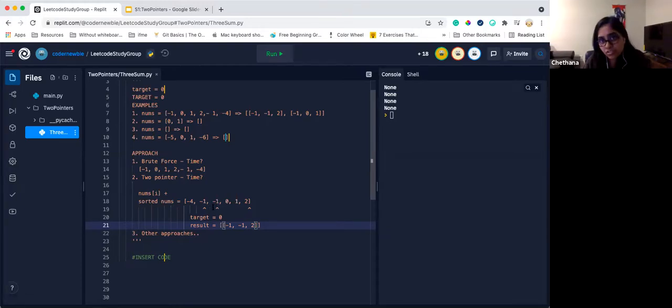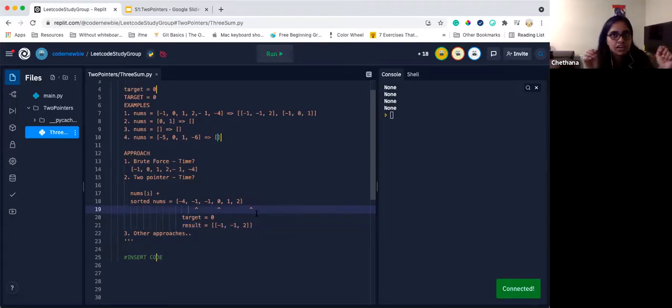Once you add it to the result set, what happens now? You basically just progress your left pointer one place and your right pointer inwards, just like for any kind of algorithm where you have to move to the next iteration.